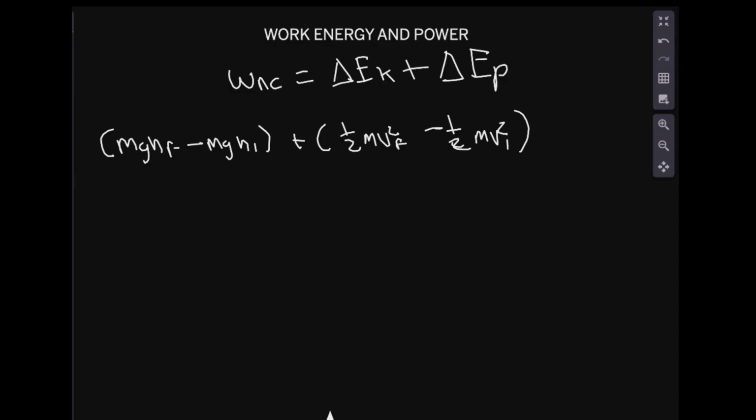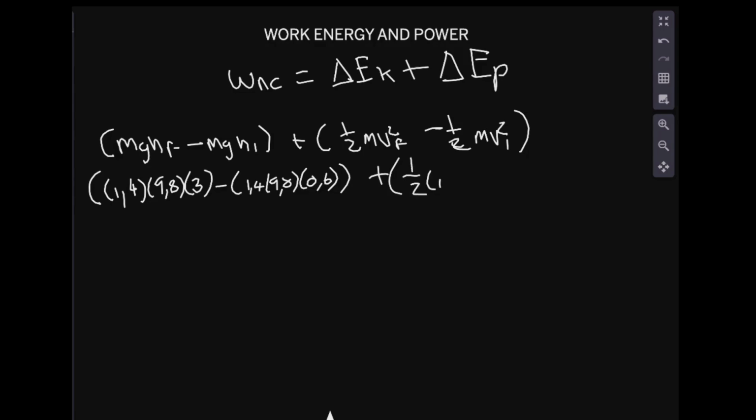Now we're going to say that 1.4 times 9.8 times the final height, minus 1.4 times 9.8 times the initial height, plus, I have 1.4, sorry, no, our velocities are supposed to come here.